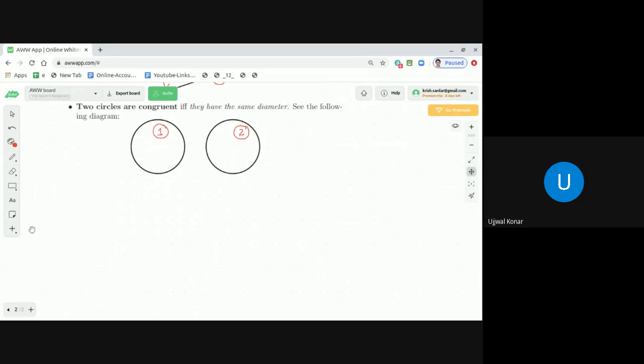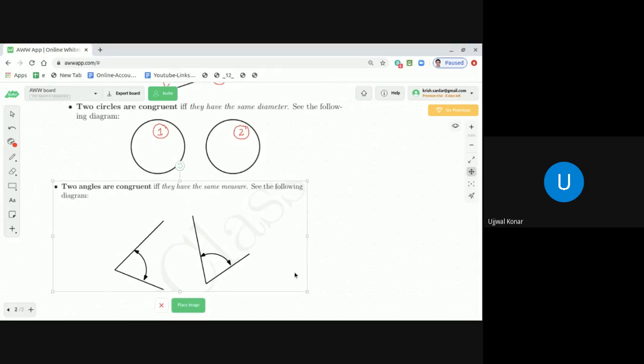Now, dear students, I want to show you when we can say that two angles are congruent. Two angles are congruent if they have the same measure.